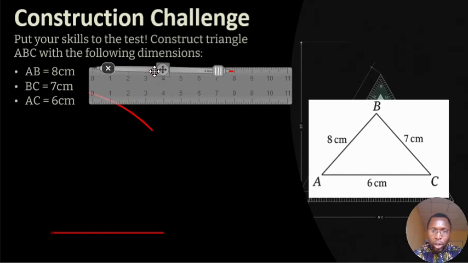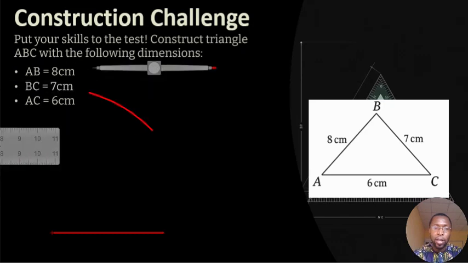Initially it was 8, so I need to reduce it to 7 centimeters now. So it's almost there. I take it to 7 centimeters. Exactly. Now that I've gotten 7 centimeters, I can remove my ruler again.